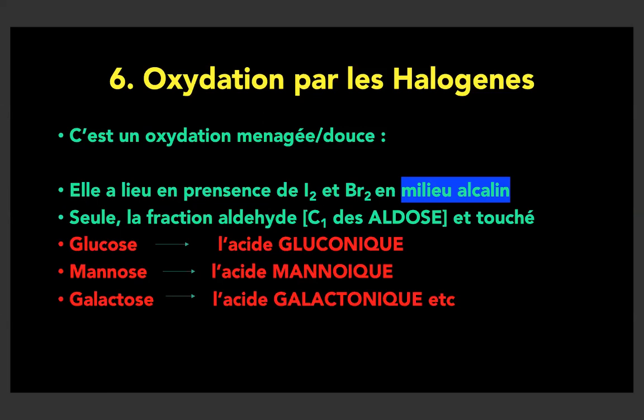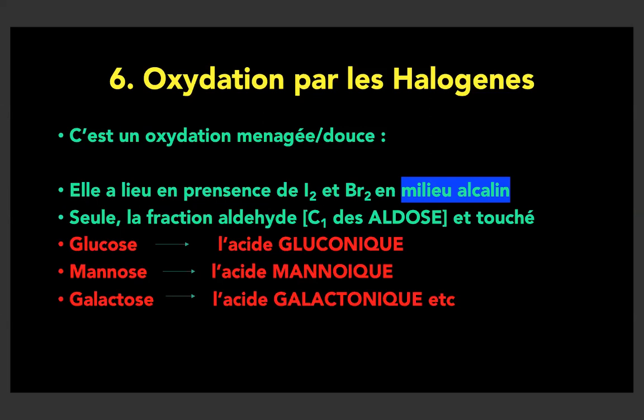We are saying in the presence of iodine and bromine in an alkaline solution. What's an alkaline solution? An alkaline solution is one that contains a concentration of hydroxide ions higher than that of the hydrogen ions. That is what we define an alkaline solution to be.